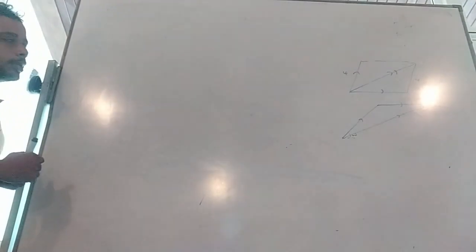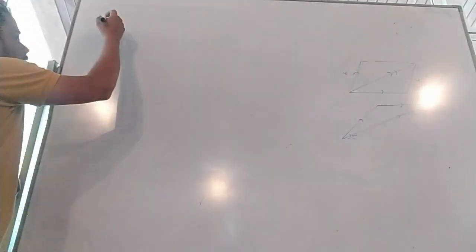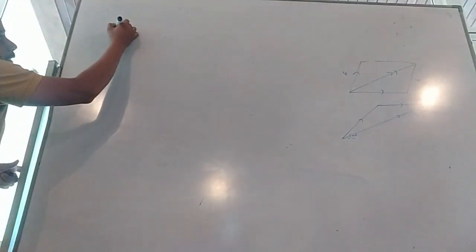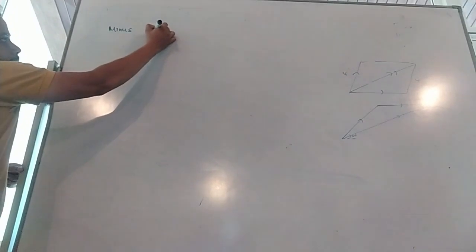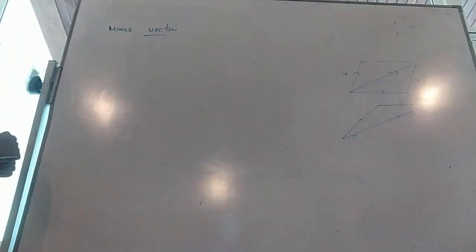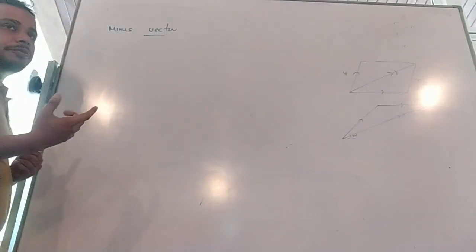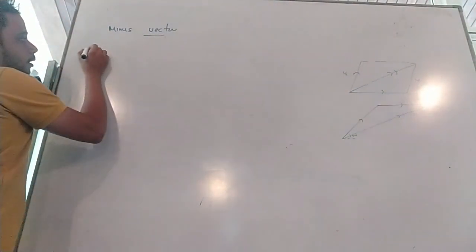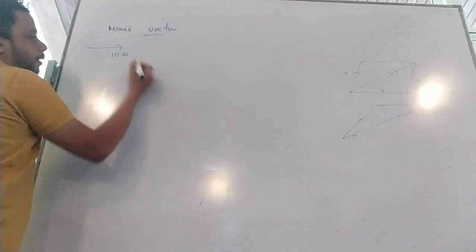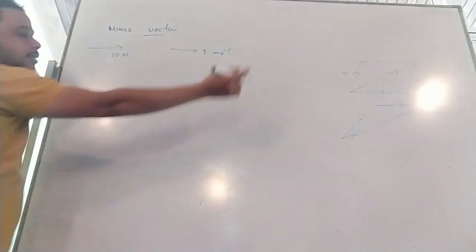Now, next thing we have to discuss is vector subtraction. Before that, I need to discuss a minus vector. Let's say I have a 10 Newton force or 5 meters per second velocity. So let's say 10 Newton force this way or 5 meters per second velocity towards this way.